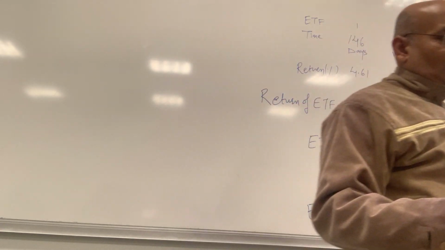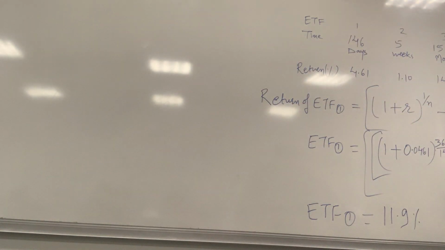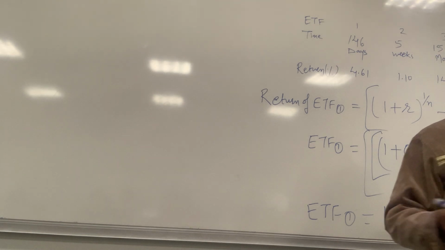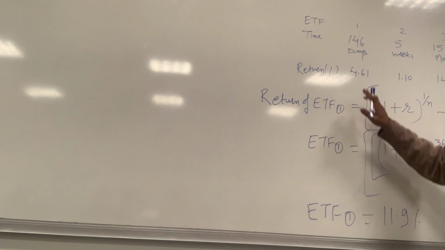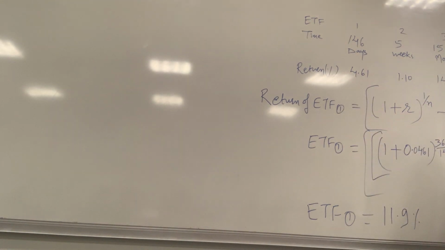Look at the question, what they are asking: the ETF with the highest annualized rate of return. So it's going to be the annualized return. Holding period return is already given here, 4.61, for 146 days. So ETF 2, ETF 3 you can do later.